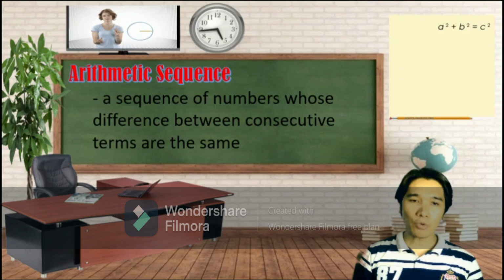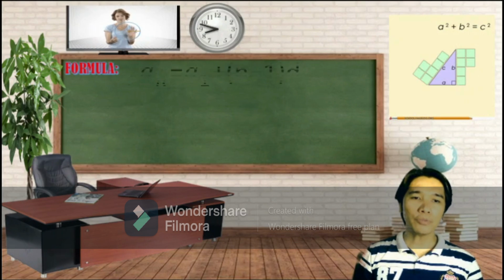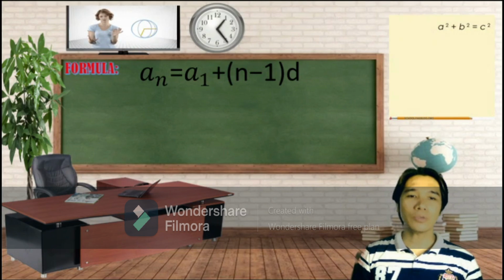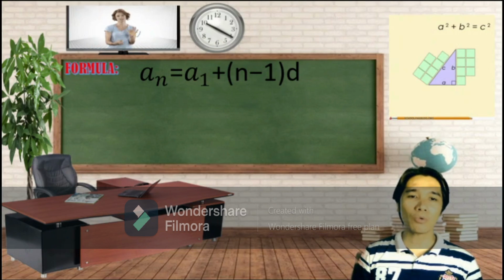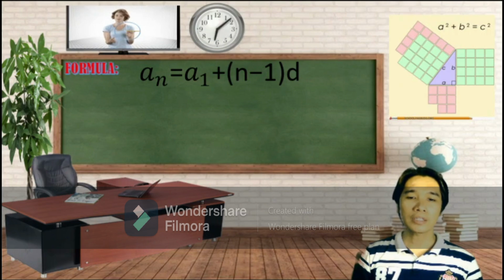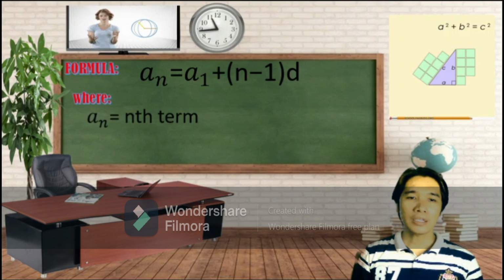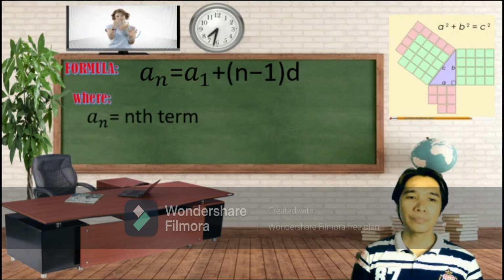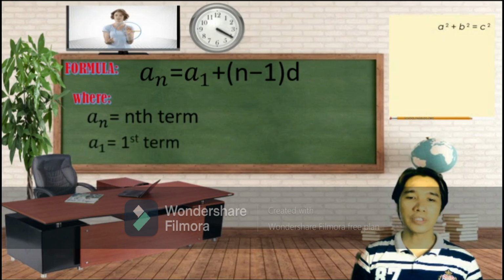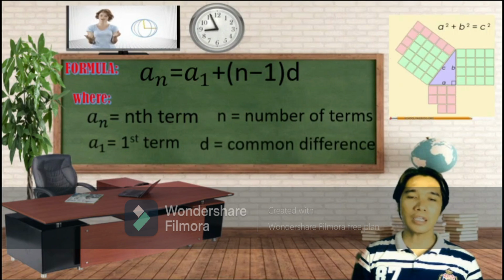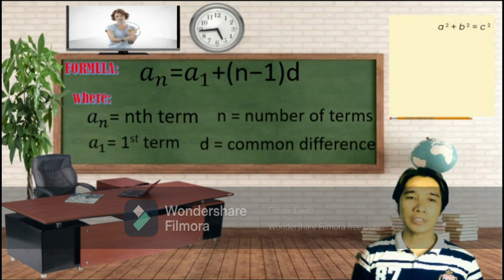In an arithmetic sequence, we have the formula a sub n is equal to a sub 1 plus the quantity of n minus 1 times d, wherein a sub n is the nth term, a sub 1 is our first term, n is the number of terms, and d is the common difference.